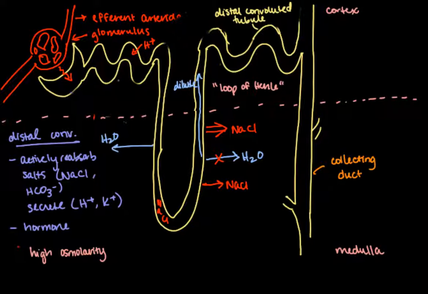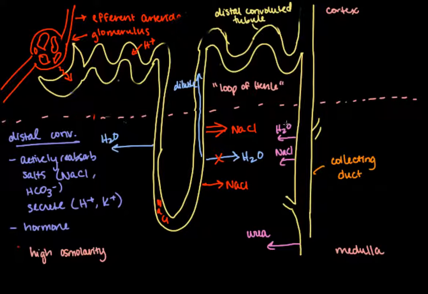So as we move through the collecting duct, we can either lose water, if the collecting duct is permeable to water, we can reabsorb some sodium chloride, and down here, oftentimes we'll lose some urea, and this also is deep in the medulla, and that contributes to the osmolarity of the medulla.